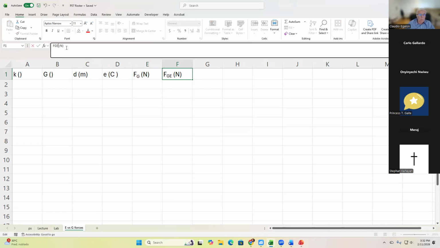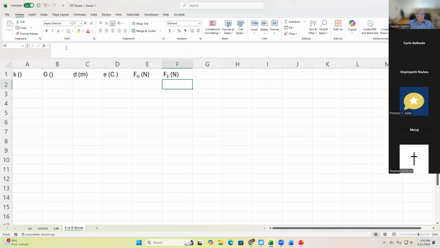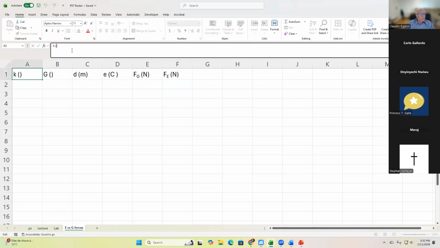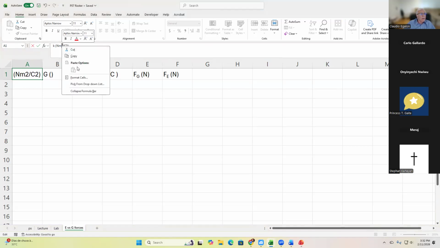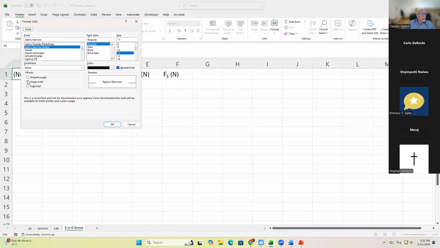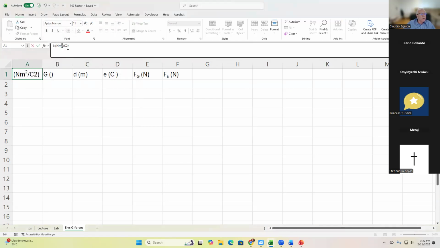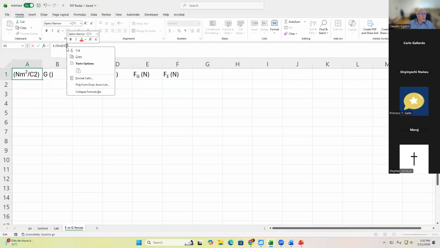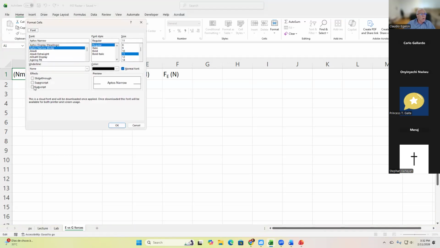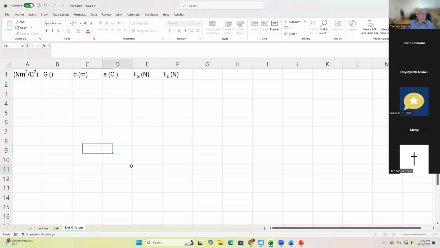Let's see, the unit for K is going to be Newton meter squared over Coulomb squared, right?